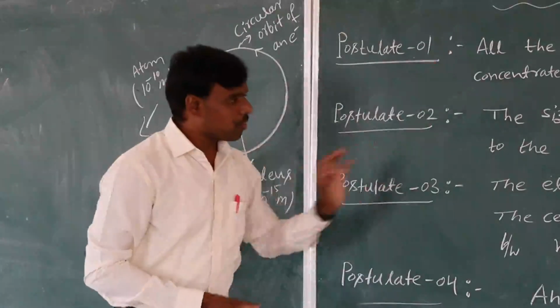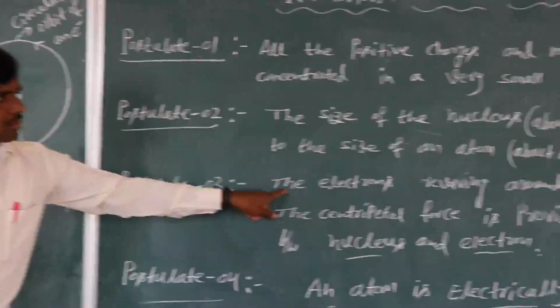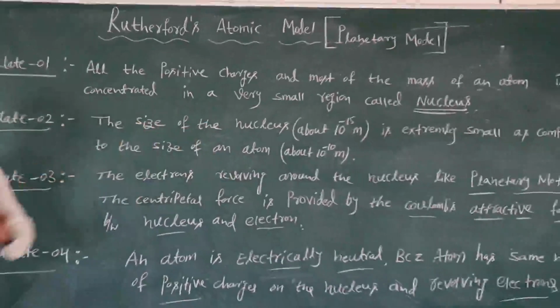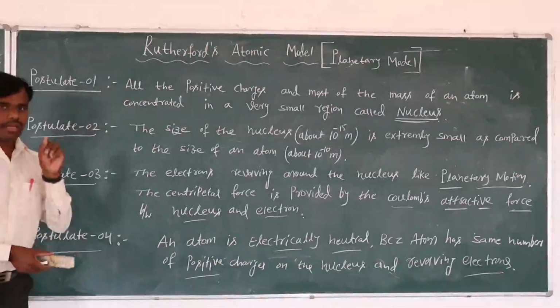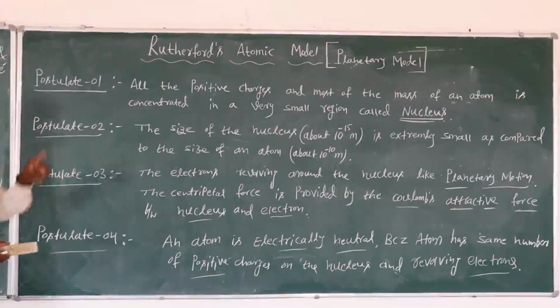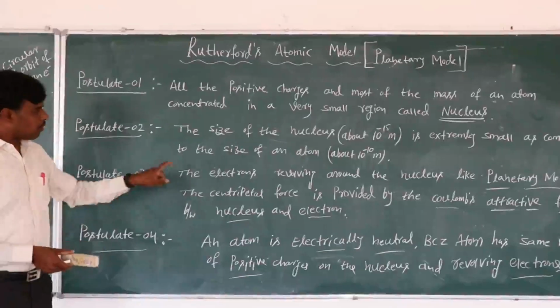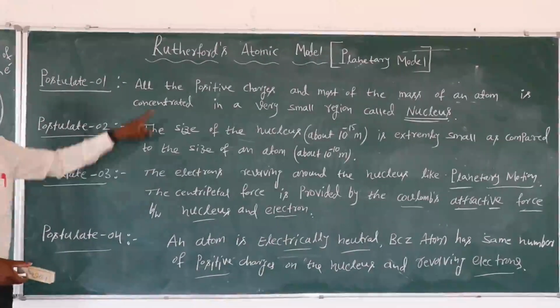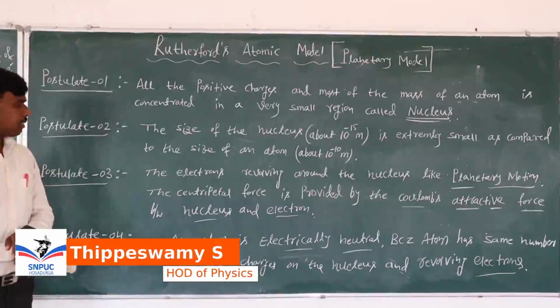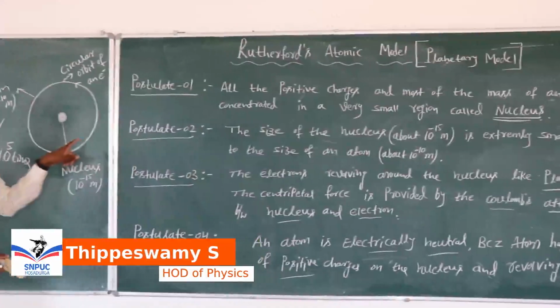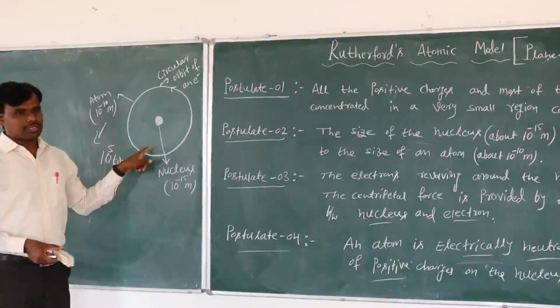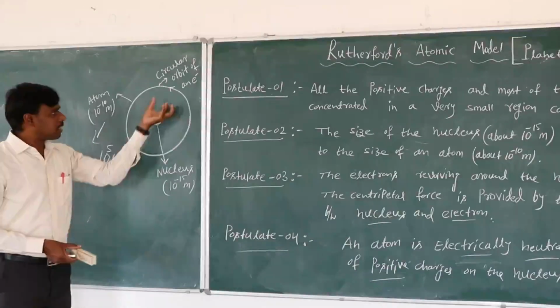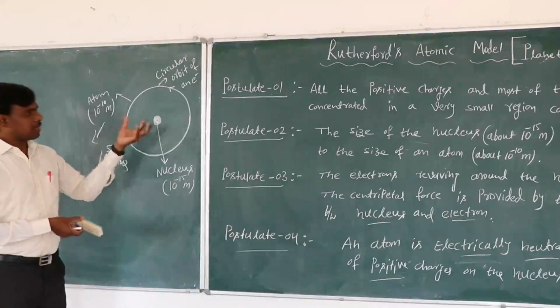Next, he also proposed that the electrons revolve around the nucleus like planets revolving around the sun. Therefore, this model, the Rutherford model, is also called the planetary model. And here, if an electron is revolving around the nucleus in a circular orbit, then there must be some centripetal force.